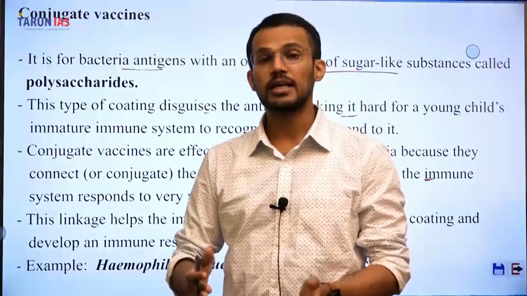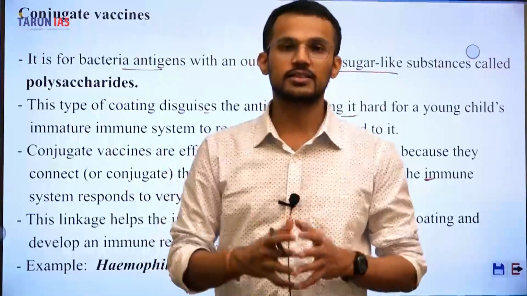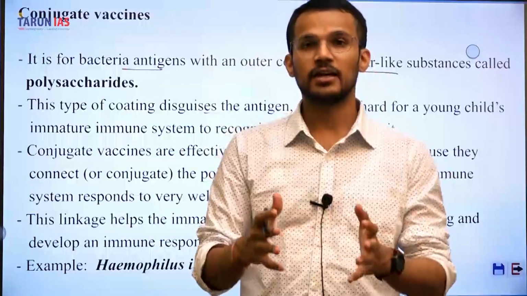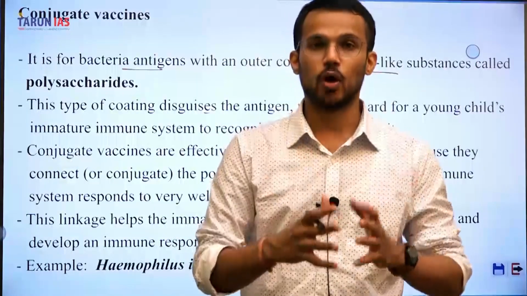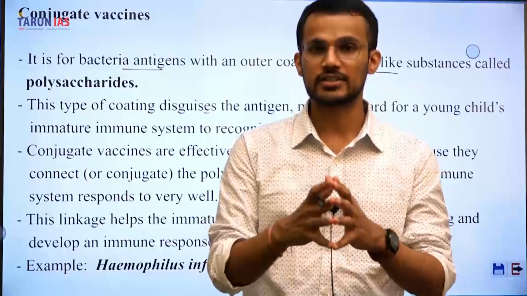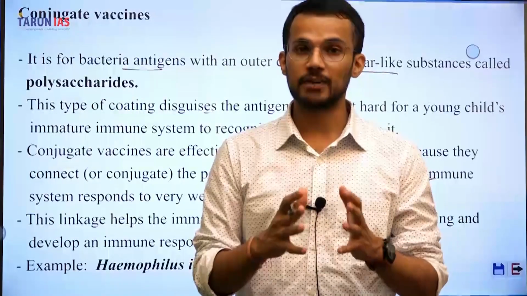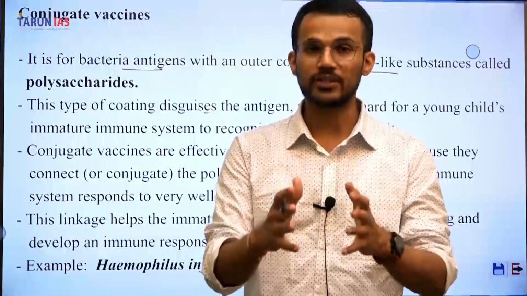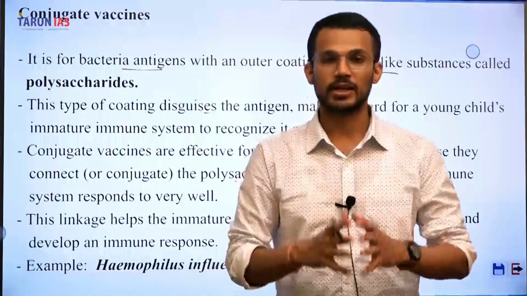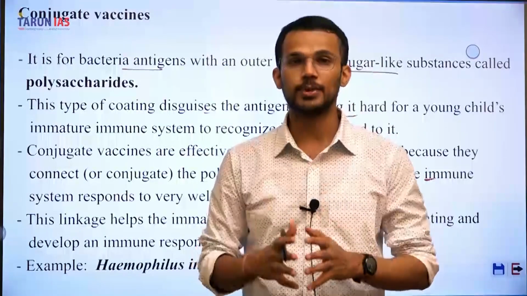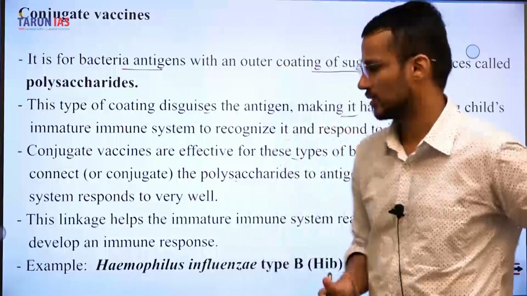And based upon that, if in future there is any attack by the bacteria with the covering of polysaccharides, the child's immune system will be able to produce an effective response against that bacteria. And that is the idea behind conjugate vaccines, right?